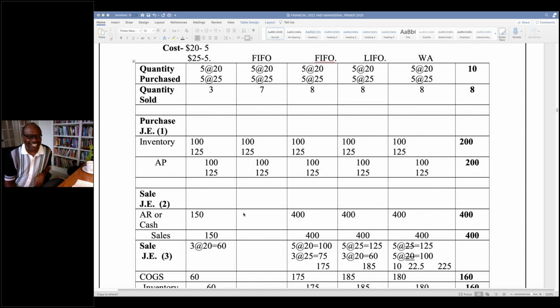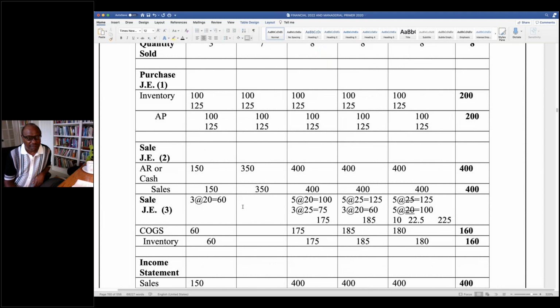I got 350 for the AR or cash. How'd you get 350? 7 times 50. You're selling them for $50. All right. And then for cost of goods sold, you got 5 at 20, so that would be 100.